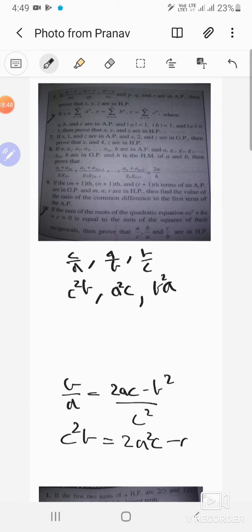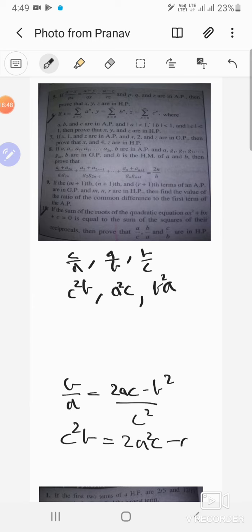Now when you cross multiply this, you get a 2 out of it, and also 1 upon n, and then you have this a, and the remaining stuff is mr minus n squared. But look, it's common in both of them. So I will just write it like this, plus d into mr minus n squared is equal to 0. Now there are two possibilities, that mr is equal to n squared.